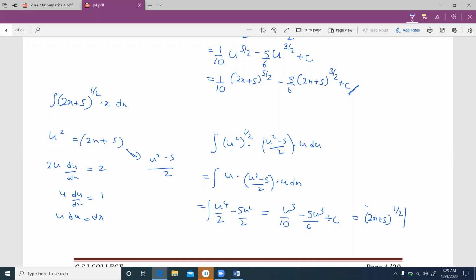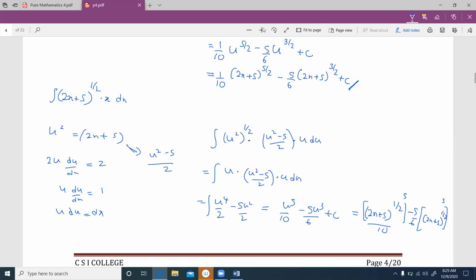Half the whole thing to the power 5, divided by 10, minus 5 over 6, the same concept: (2x plus 5) to the power half, to the power 3, plus c. So if you expand it, you get the same answer.